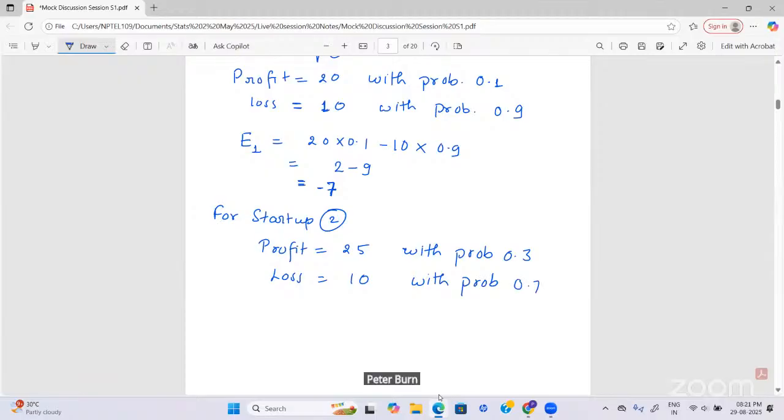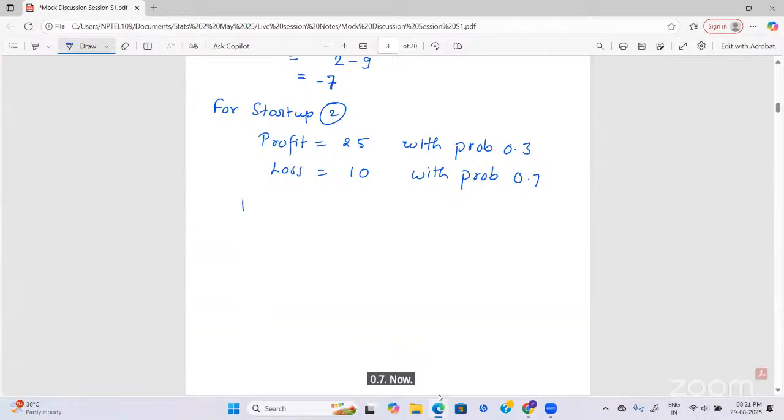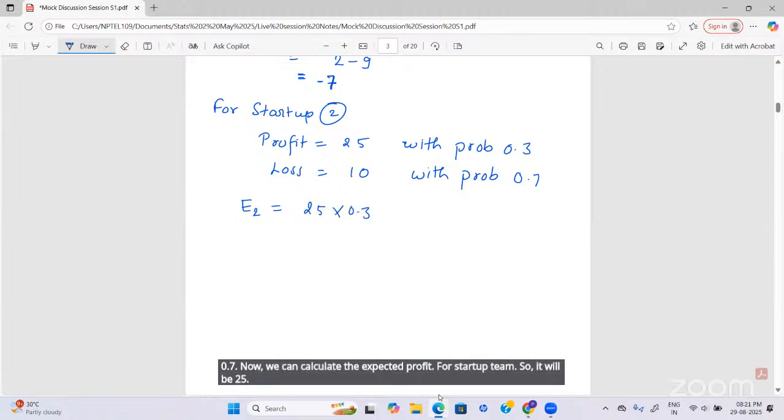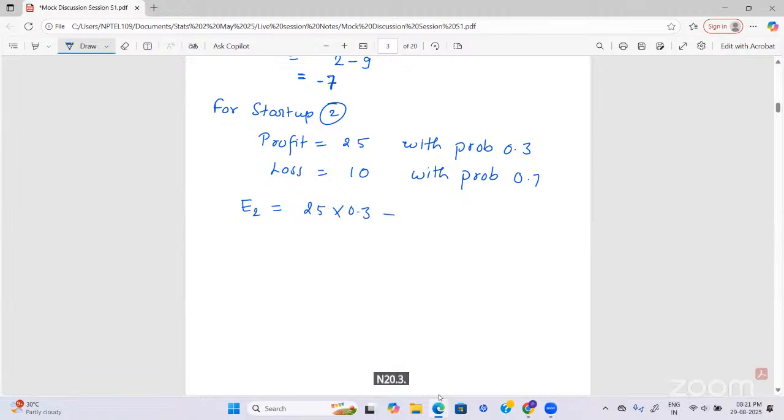Now we can calculate the expected profit for startup 2. So it will be 25 into 0.3 minus 10 into 0.7. Calculated, it is 0.5 overall.